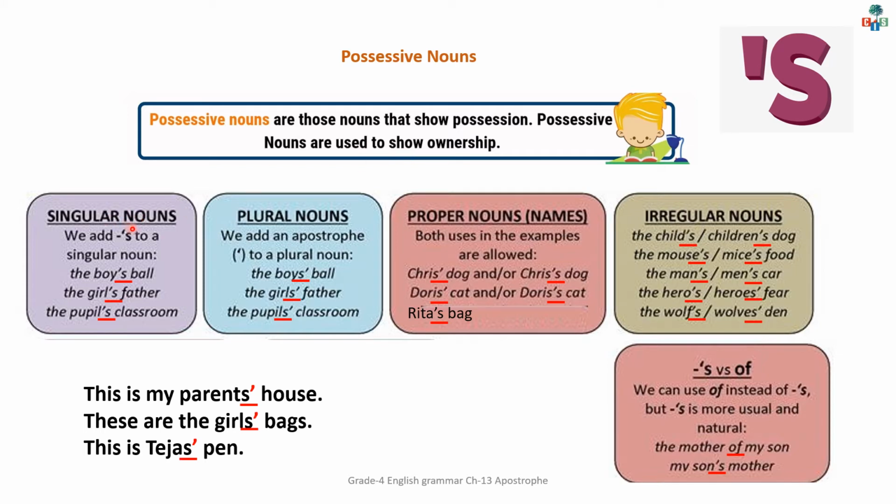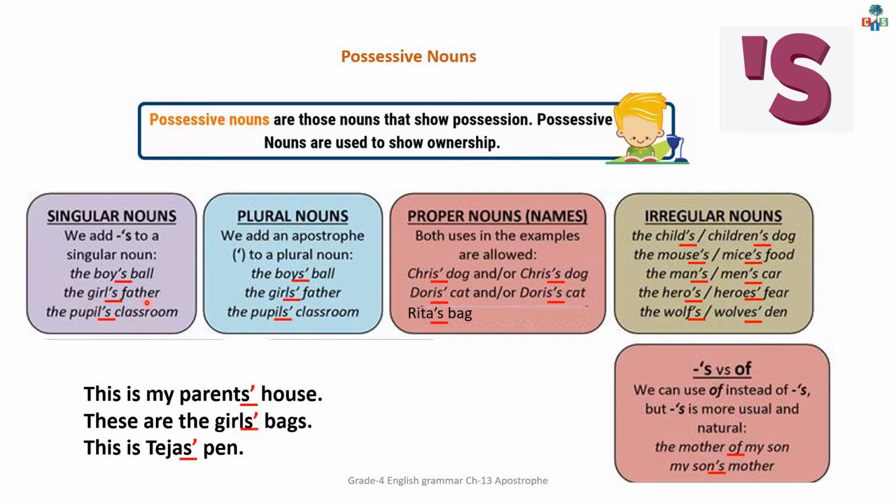Now, if the noun is a singular noun, we add an apostrophe mark followed by an S to a singular noun. For example, the boy's ball means the ball belongs to one boy only. If there is only one boy, at that time we will use apostrophe mark followed by an S.